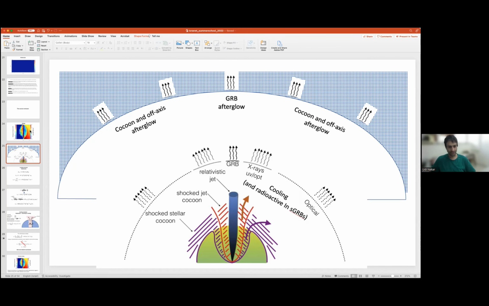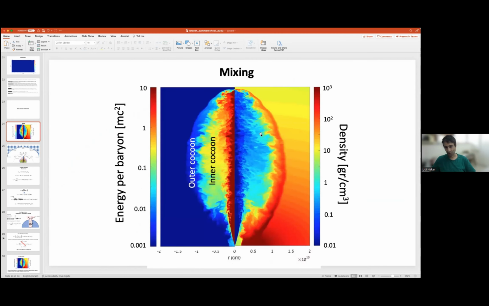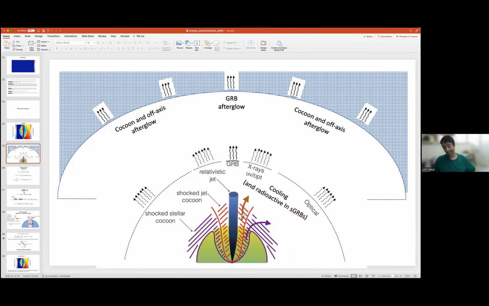And if we look at the distribution of energy between the inner cocoon and the outer cocoon, the pressure is constant, so the energy is proportional to the volume of each of the components. The volume is roughly comparable. So we'll have roughly 5 times 10^50 ergs in the inner cocoon and comparable energy in the outer cocoon.